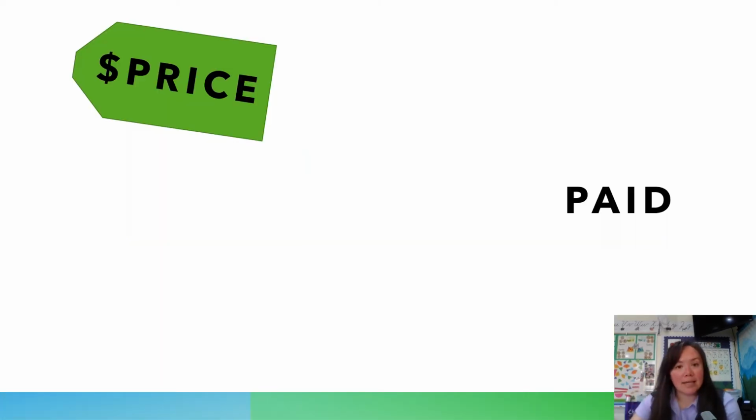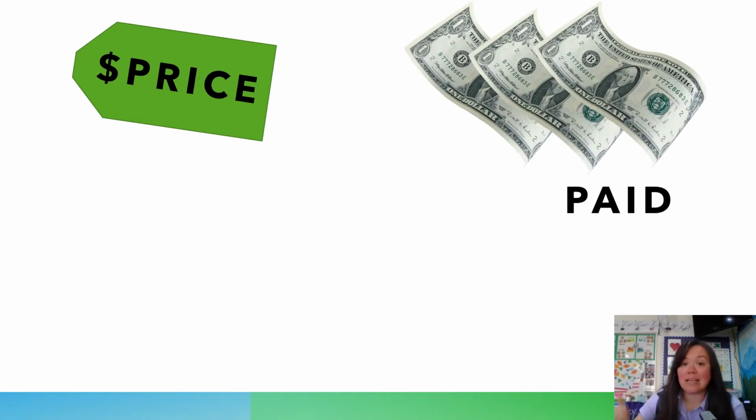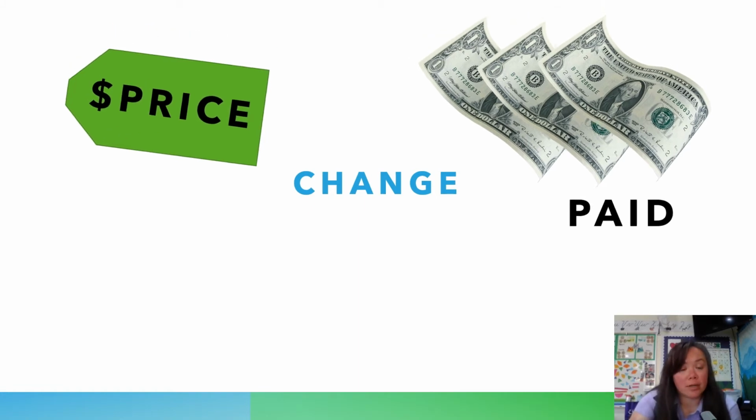The process is like this. You have the price that you should pay, and then you have the dollar amount that you did pay. Sometimes you will pay a little extra, and if you do, then you get back what is called the change. Here is how this works.